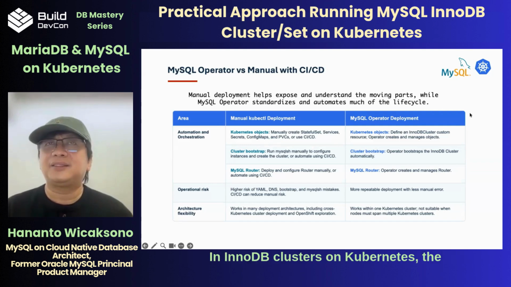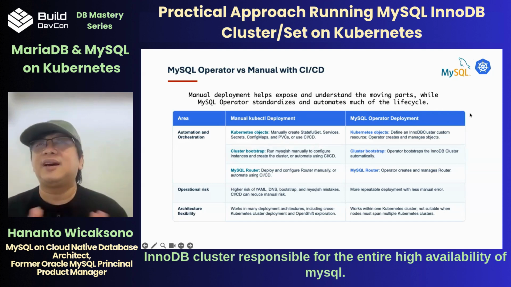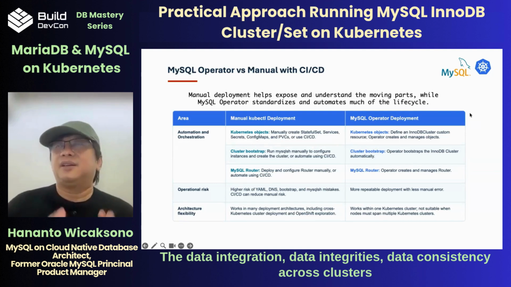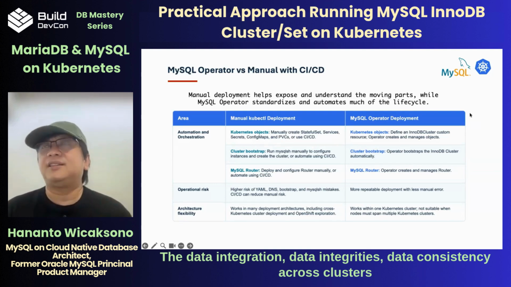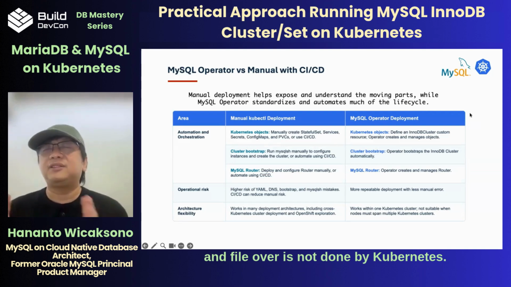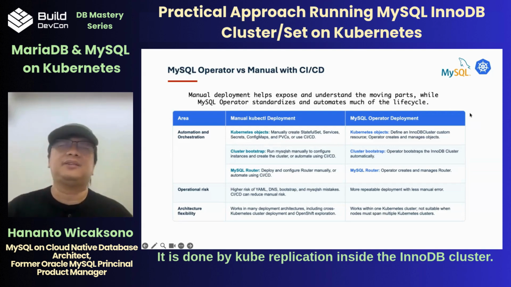In InnoDB clusters on Kubernetes, the InnoDB cluster is responsible for the entire high availability of MySQL. The data integrity and data consistency across clusters, and failovers on primary failover, are not done by Kubernetes. It is done by group replication inside the InnoDB cluster.